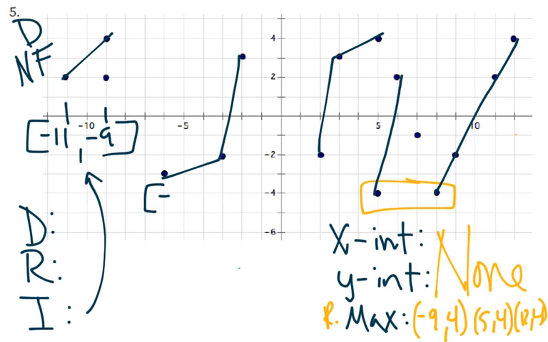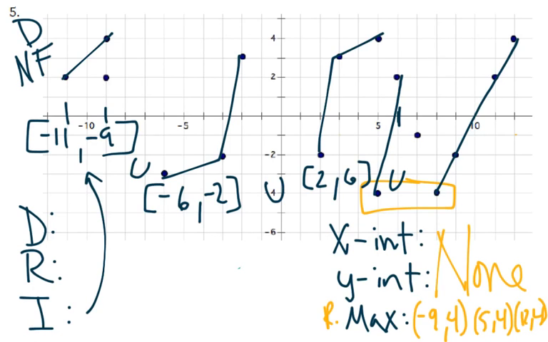From -6 to -2 we're increasing. Then from 2 clear over to this point right here, so 6, we're increasing another. And another from the last one, +8 to +12.